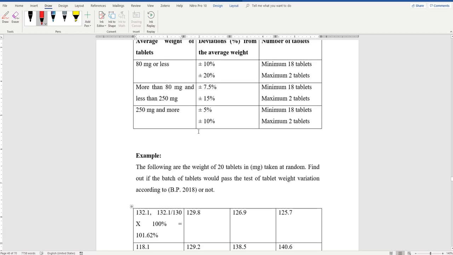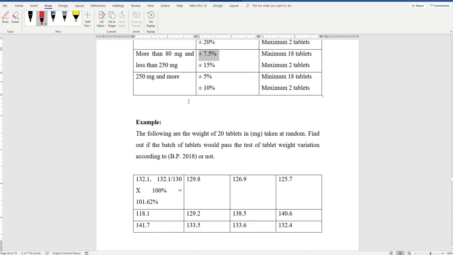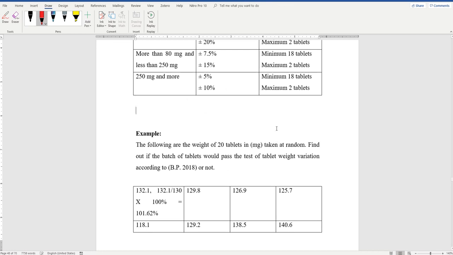and then find if all of them are within the first range, which is plus minus 7.5%. It means all of them are between 92.5% to 107.5%. If one or two fail the test, then compare with double the range.